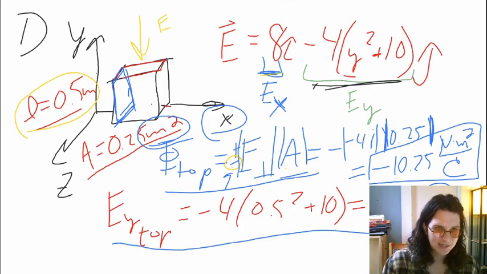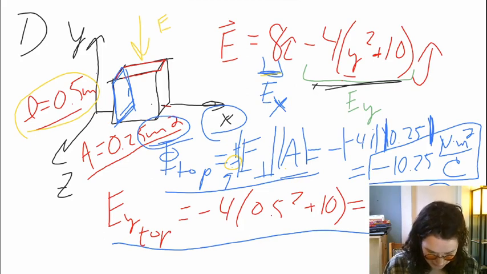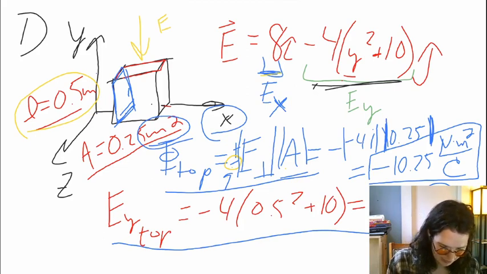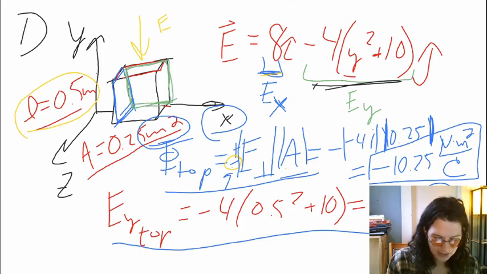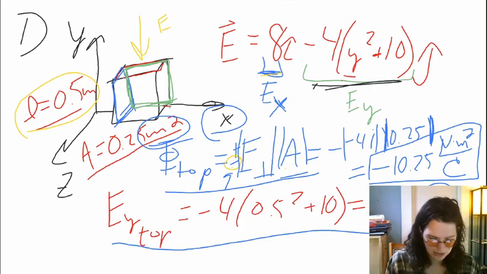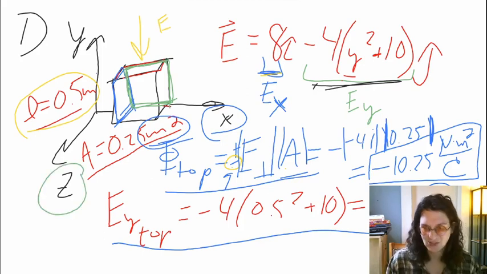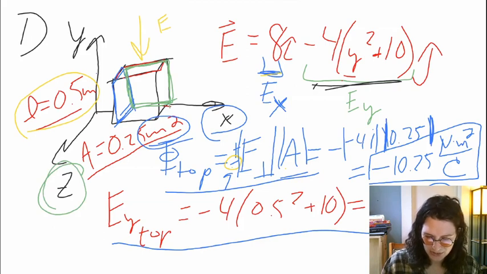For the back face, it is also unpictured here, but it's actually this face right here. We need to determine which component is perpendicular to the back face. Well, it's neither x nor y. The back face is perpendicular to the z-axis. And notice that we have no k-hat component.